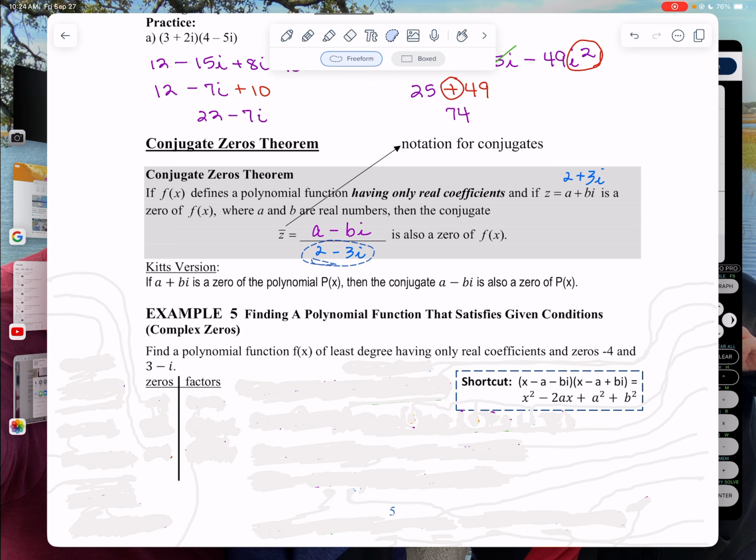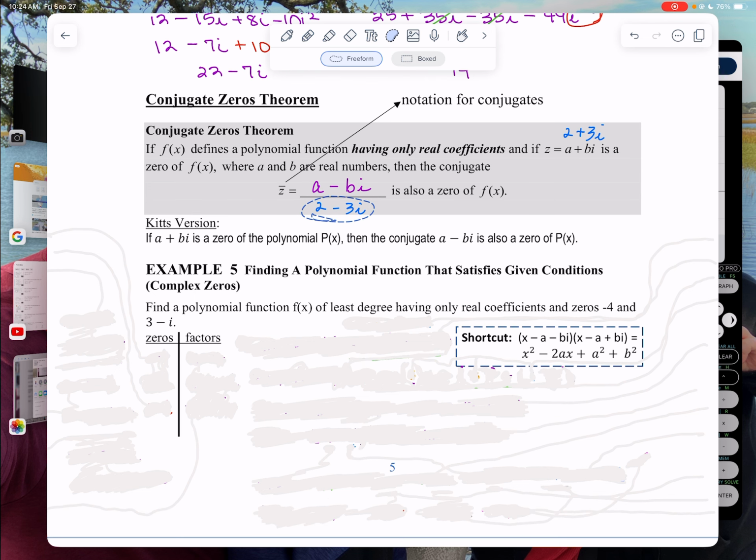All right, so let's use that. They're asking us once again to find the polynomial. So they're going to give us zeros. So they gave us -4 and they gave us 3 minus I. And they want us to find a polynomial of least degree.